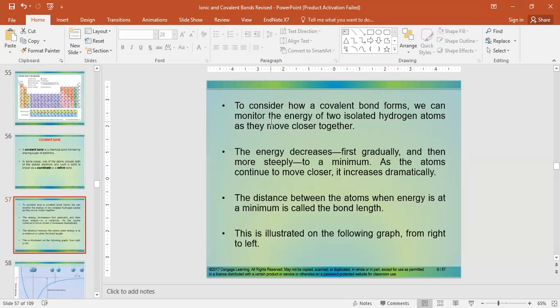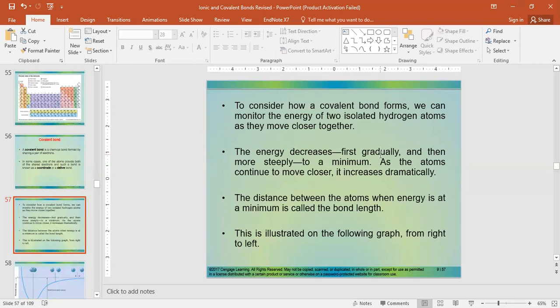Now, to consider how a covalent bond forms, we actually monitor the energy of two isolated hydrogen atoms and see how they move closer to one another. And this is actually illustrated by a diagram that I'm going to show, but simply the energy decreases first gradually, and then more steeply to a minimum.